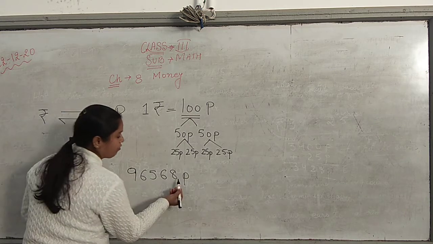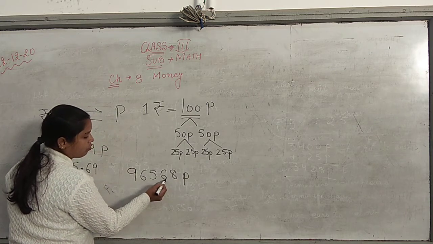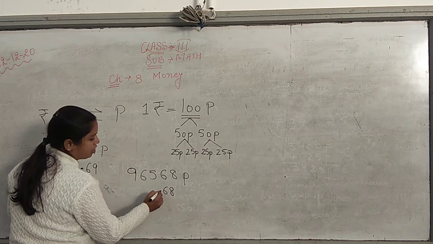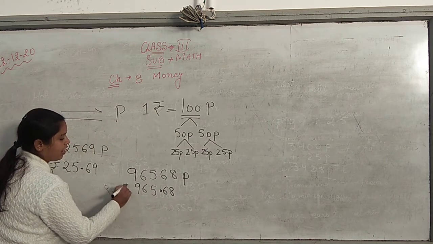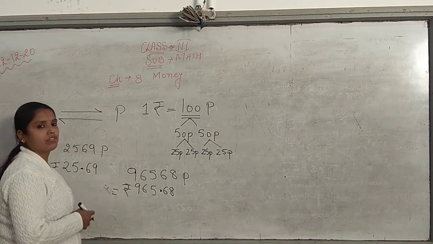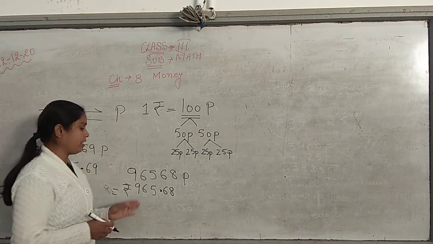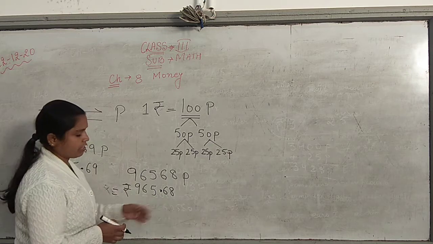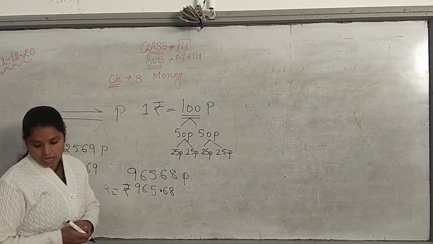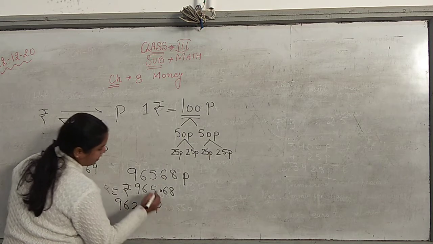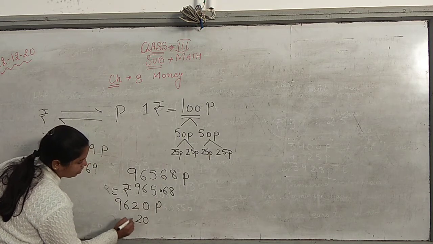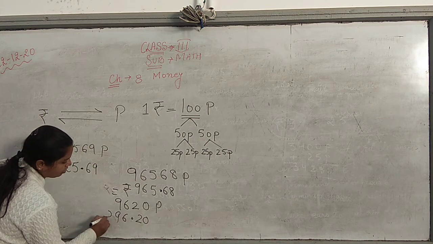What we will do? Count from the right hand side. 1 digit, 2 digit, dot. Then rest of the digits same, and then write rupees. I have changed it into rupees. So 965 rupees 68 paise. Again, 9,620 paise. 1 digit, 2 digit, dot, rupees.